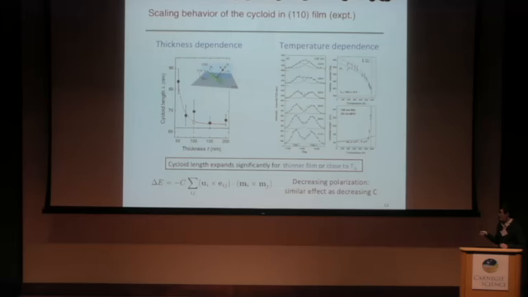And the spin current model may offer an explanation for this finding, because if the polarization decreases with smaller thickness or increase in temperature, then this term becomes weaker. And the weaker this term is, the longer the cycloid period. Because, as you know, the antiferromagnetic order can be understood as a cycloid of infinite length.